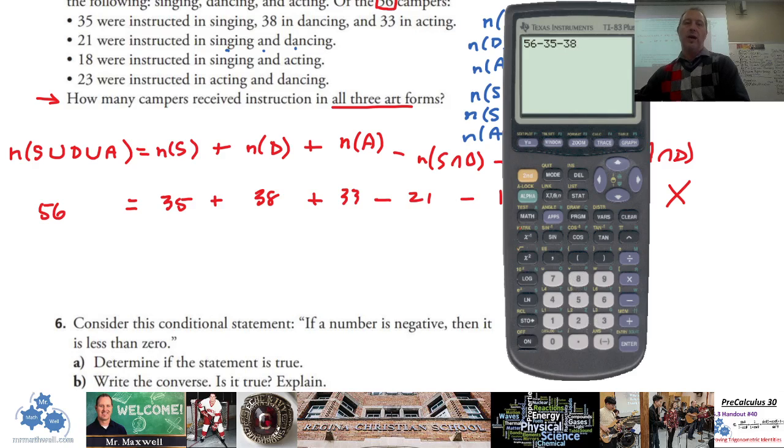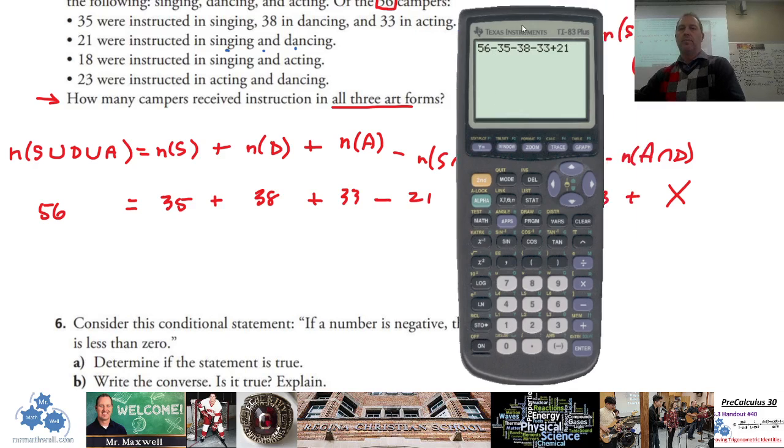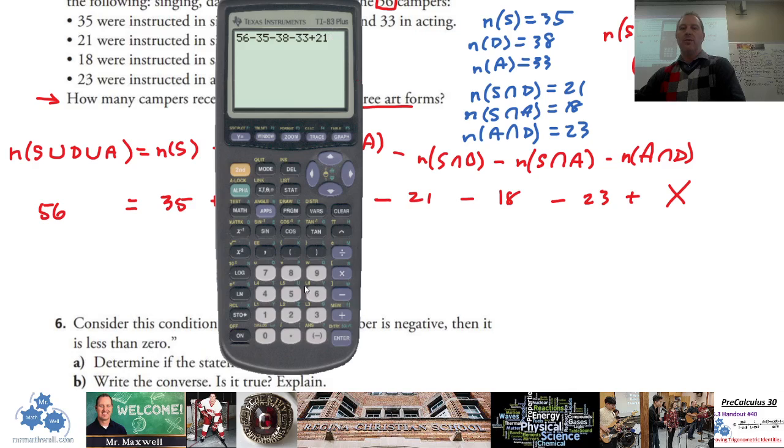And the 33 as well: it's a plus over here, so it's a minus on the other side, minus 33. Because this is a negative 21 over here, I'm going to add 21 to both sides. Because I've got a negative 18 on the right, it's a plus 18 on the left. And that's a minus 23 over here, so it's a plus 23 on the other side.